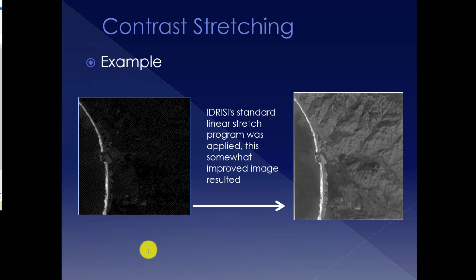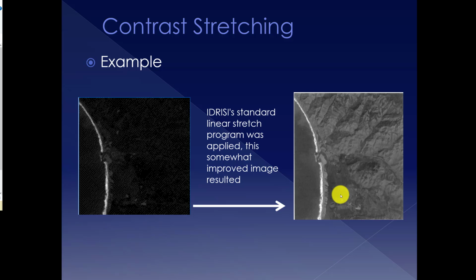So Idrisi's standard linear stretch program was applied to this image, and it's improved the quality of the image. As you can see over on the left, we have a very rough contrast between dark and light, and there aren't a lot of subtle details available to us because we aren't using all of the digital number capabilities.